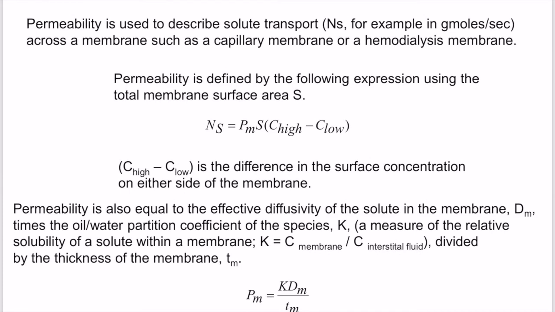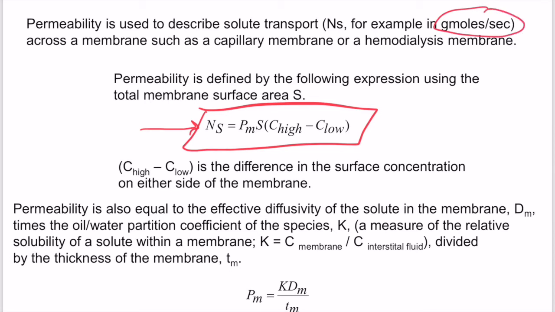All right, so what is permeability? It is defined by, well, let's just start with this equation. Actually, it's the rate in moles per second that the solute is being transported through the membrane.